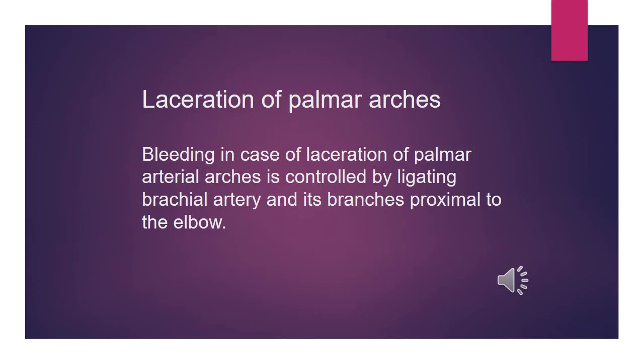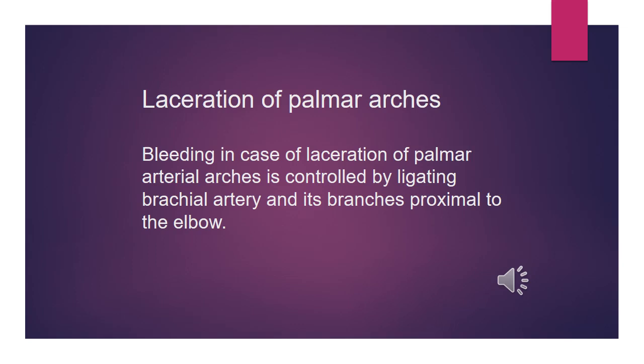As I have already told you, both superficial and deep palmar arches communicate with each other through the palmar metacarpal arteries, and the palmar and dorsal carpal arches also communicate with each other through the various perforating arteries. In this way, the radial and ulnar arteries have numerous communications in the forearm and hand through these anastomoses. So we cannot stop the bleeding by just ligating one of these arteries.